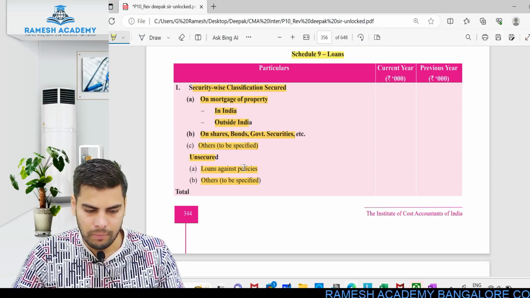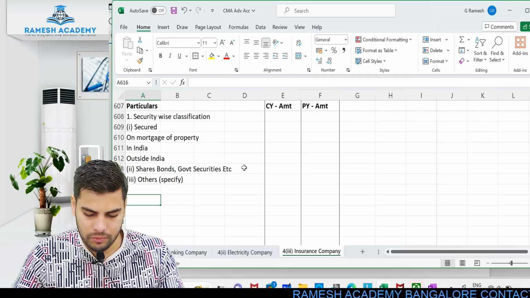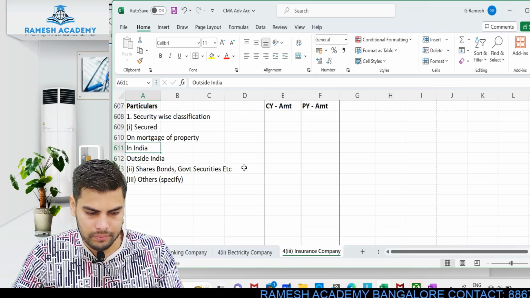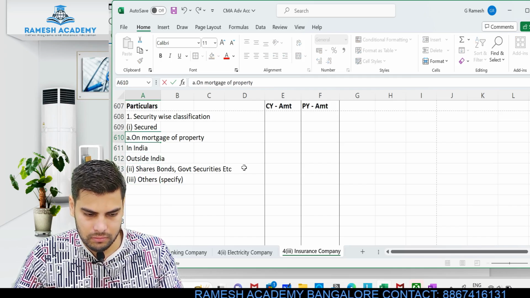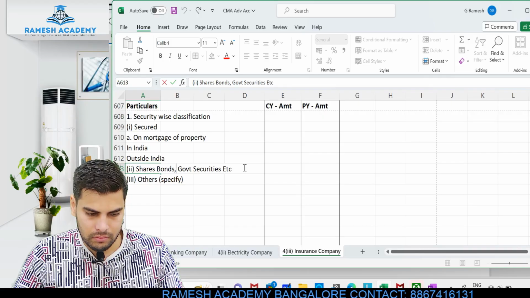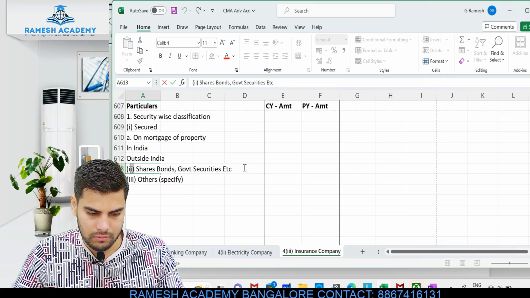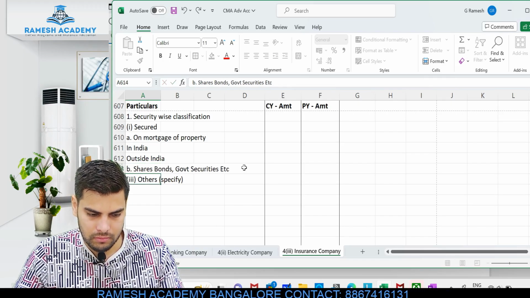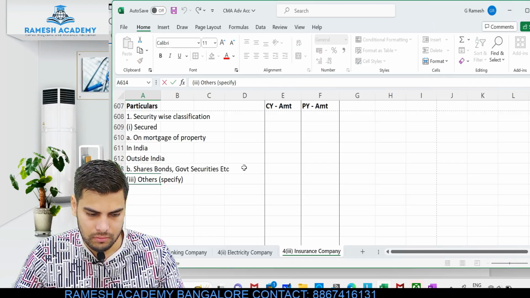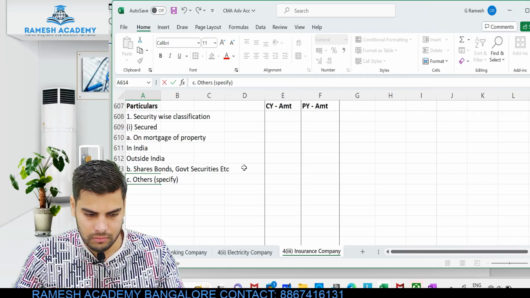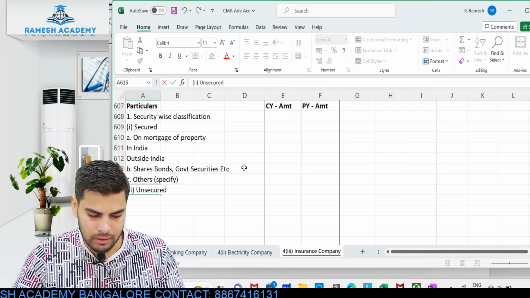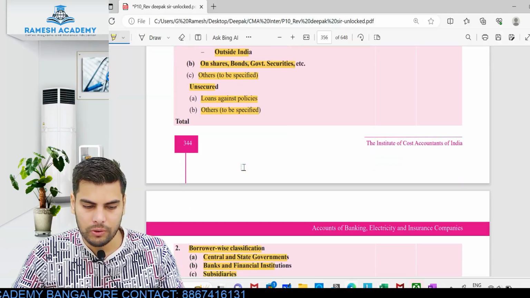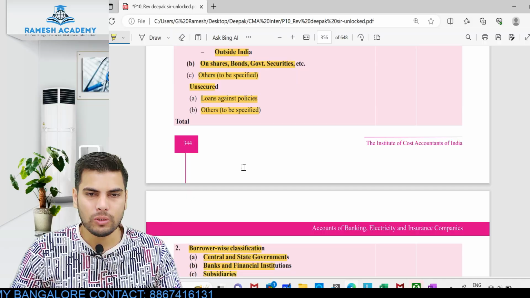Then the next classification would be unsecured. Whatever is your unsecured loans, are they the loans against the policies?